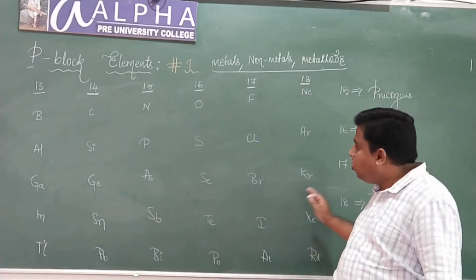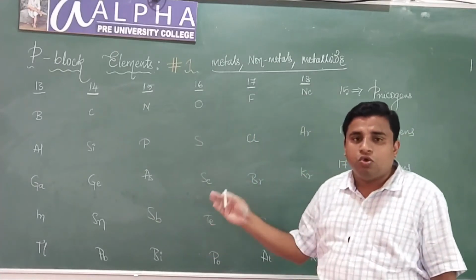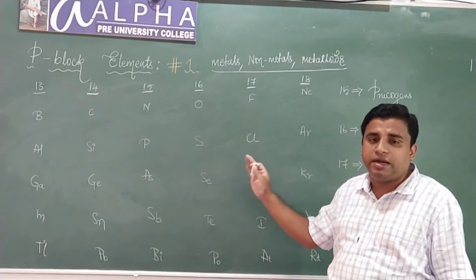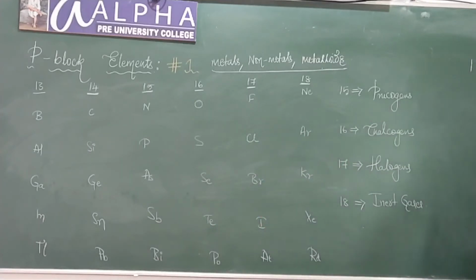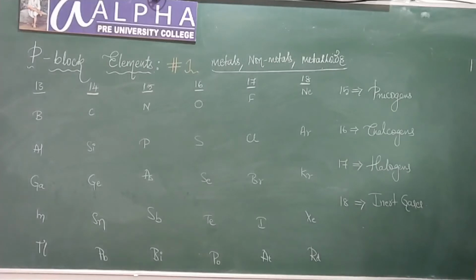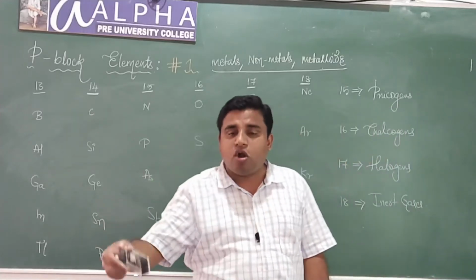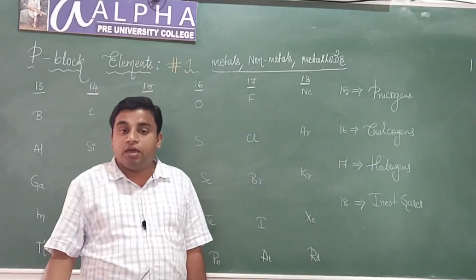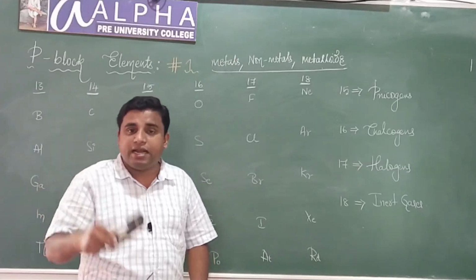Then out of these elements, which are metals, which are non-metals and which are metalloids? By the way, what are metalloids? Metalloids are those elements whose properties lie in between metals and non-metals.